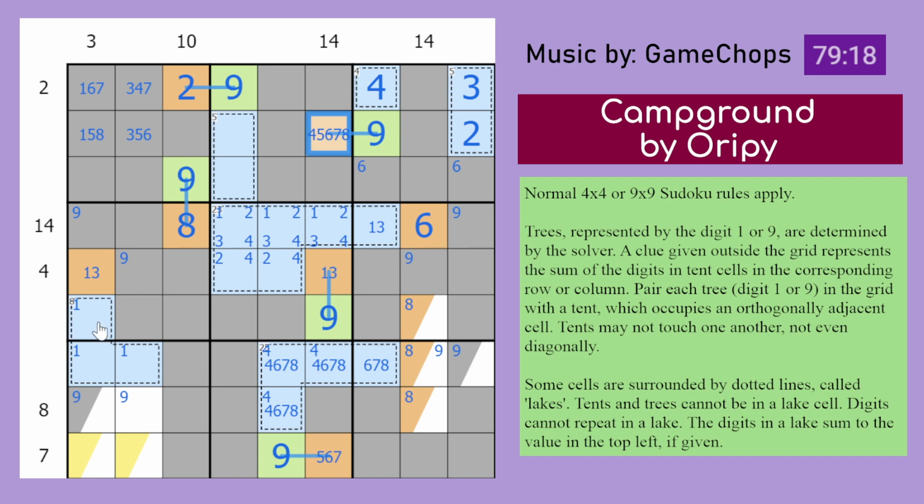I think it might be time to look at this 8 cage again. Because the 8 cage also has 2 options, which are either 134 or 125. Can we eliminate any of them?